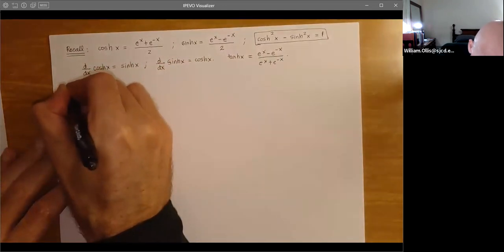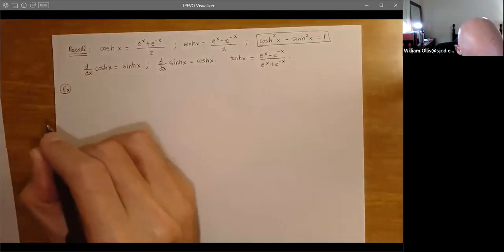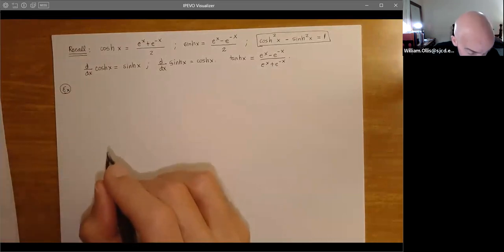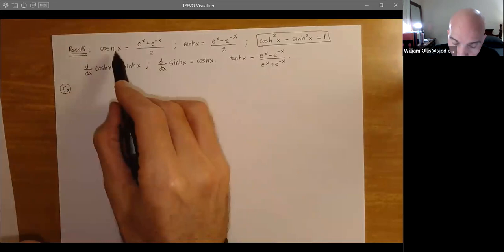Here's an example. We have the cross section of a roof that is an inverted catenary.